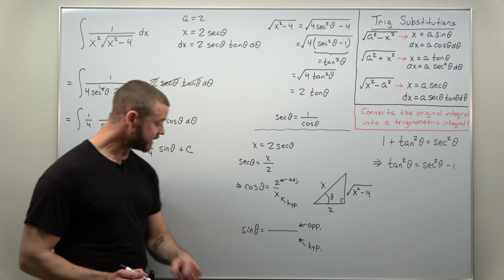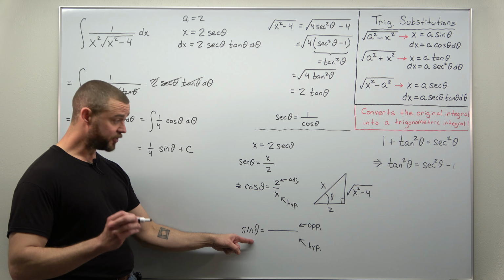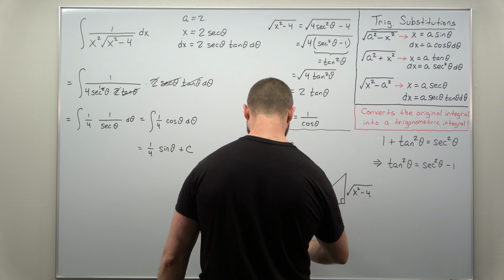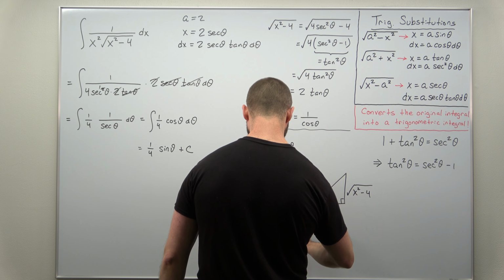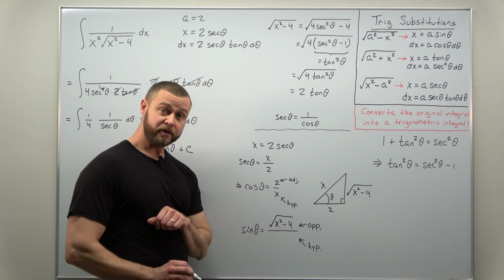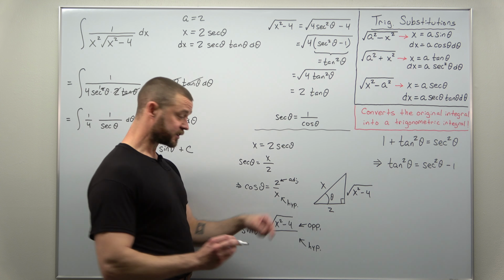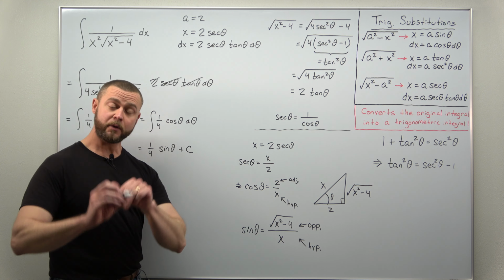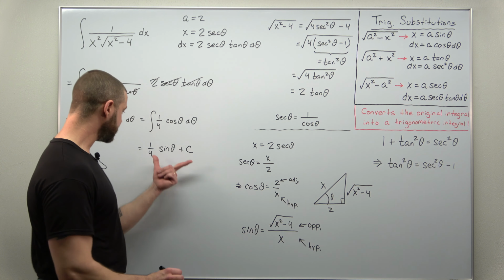And if we just plug in the side lengths here, sine of the angle theta, opposite is going to be the square root expression, the square root of x squared minus 4. And the hypotenuse, that's of length x. And we are done. We just need to plug that back in here.